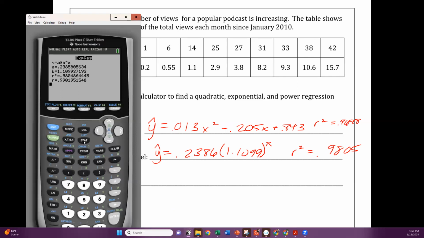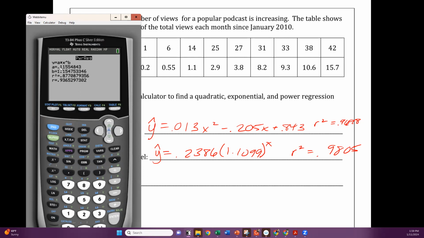So stat, calc, and I'm going to scroll down. Oh, there we go. Power, and enter. And I'm going to store it. So vars, Y-vars, 1, and this is my third equation, and enter.